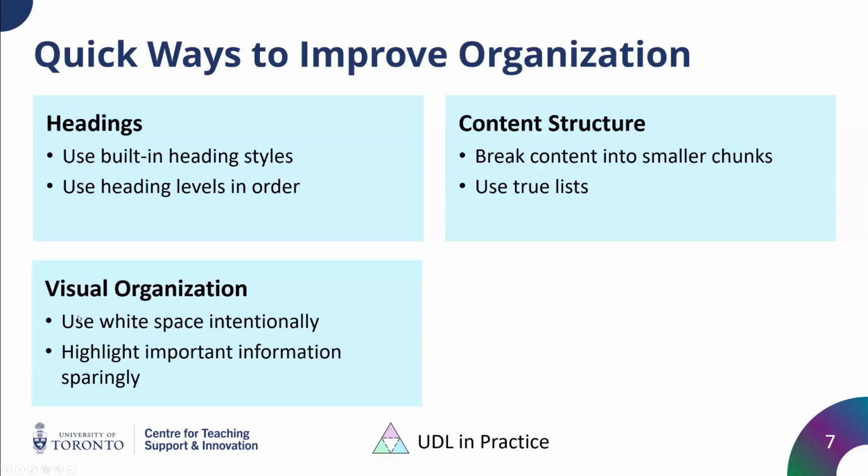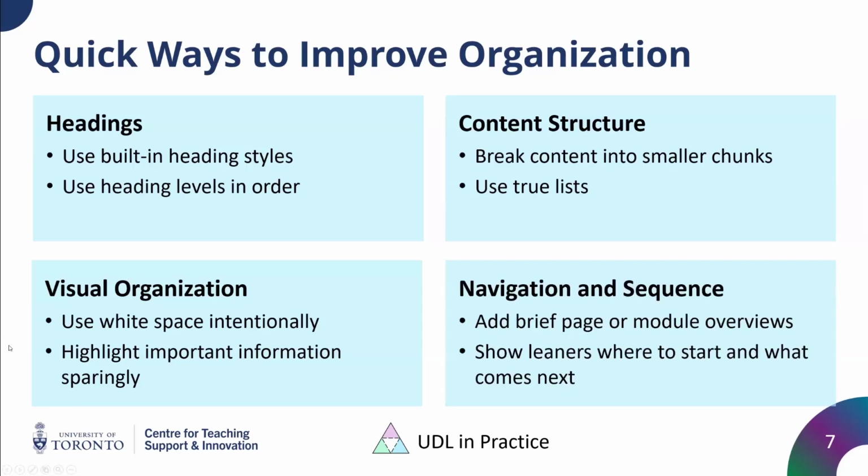Third, consider visual organization. Intentionally using white space and selective emphasis can help learners identify important information without overwhelming them. And finally, think about navigation and sequence. Brief page or module overviews can help learners understand where they are, where to start, and what comes next.